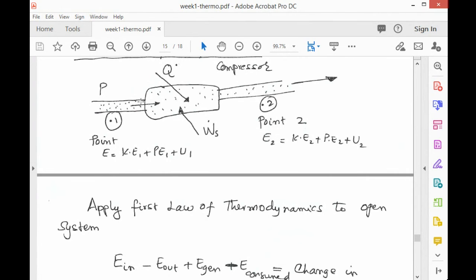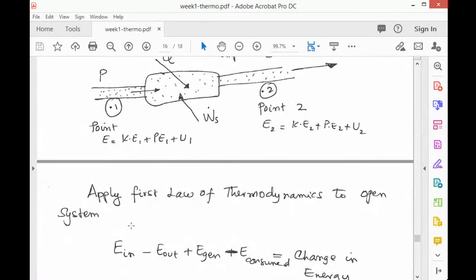You put some money there and you take some money out. And maybe the bank gives you some profit, interest, so that is the profit generated here. It's like energy generated. If you understand the bank account example, this is just like opening an account in a system. Just keep this in mind.